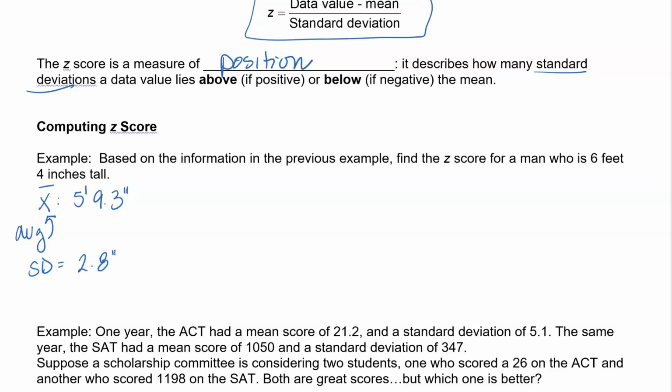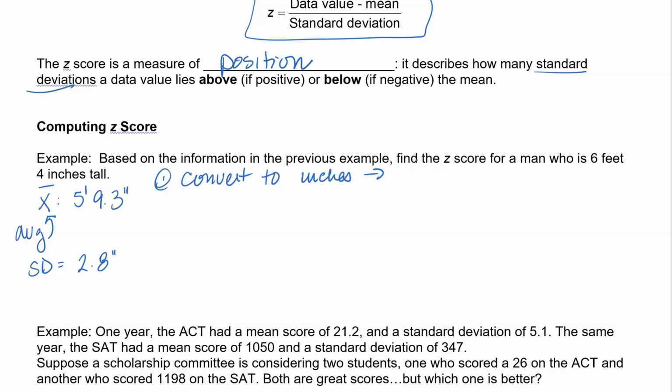In the example above, I kept the feet and inches the way they were. I'm actually going to convert these all to inches for this example because that's another good strategy to use if you've got a problem with feet and inches, so I can show you how to do that too. So I'm going to first convert to inches.